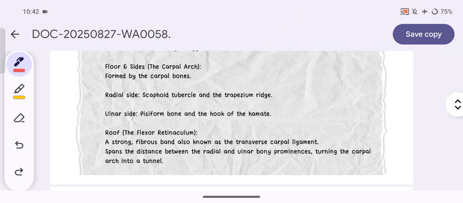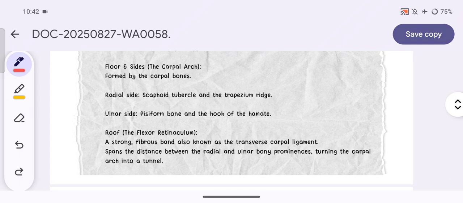Now, floor and sides: the carpal arch formed by the carpal bones. Radial side, scaphoid tubercle and the trapezium ridge, and ulnar side, pisiform bone and the hook of the hamate. These are the carpal bones we already know about.